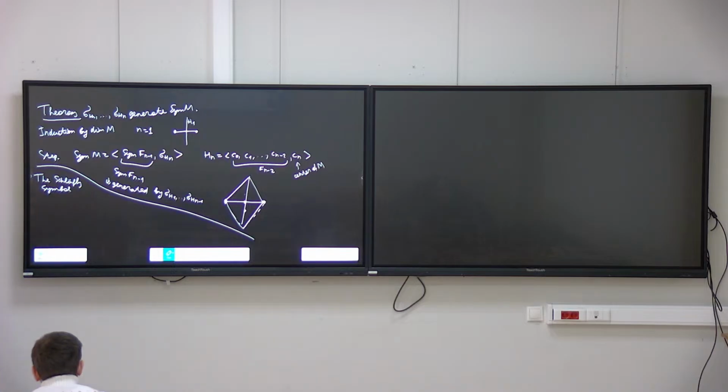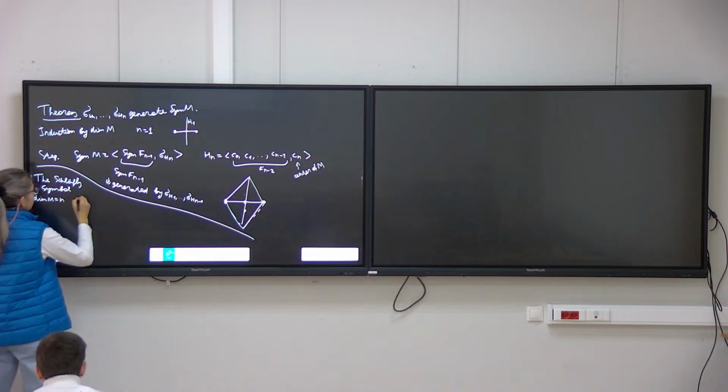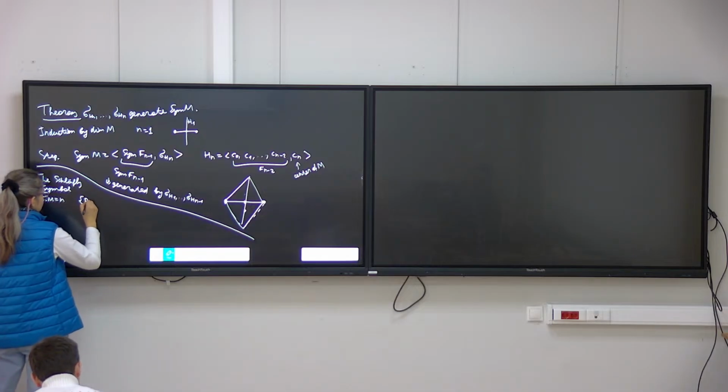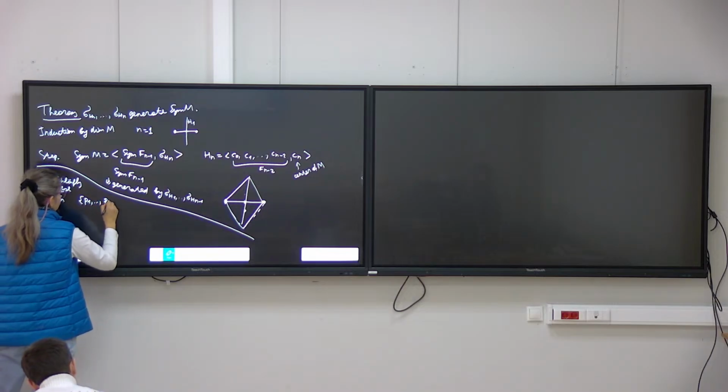If we have a regular polygon in dimension n, then it will be a sequence of integers p1, etc., pn minus 1.